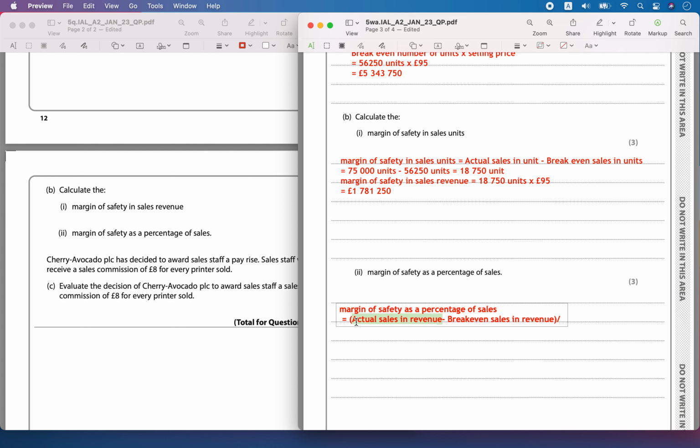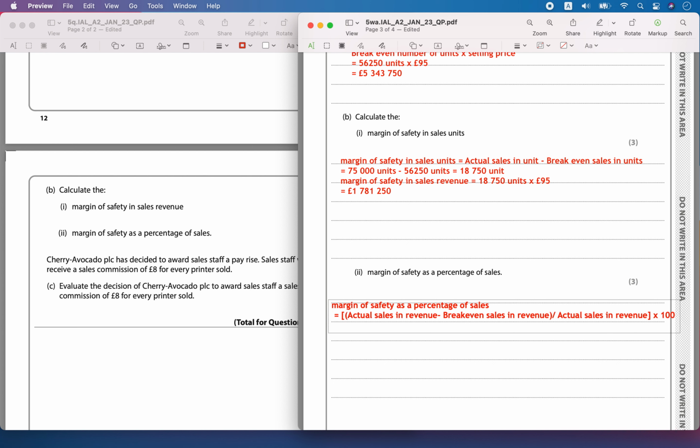So as a percentage of actual sales you will calculate, and you multiply it with 100 to get a percentage. That's the margin of safety as a percentage of actual sales.